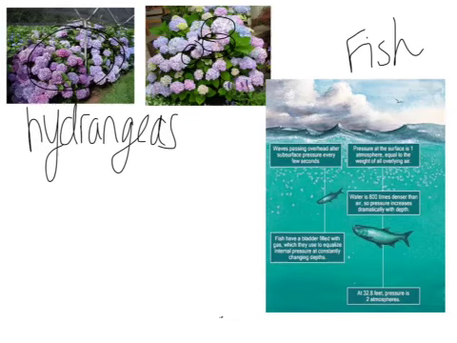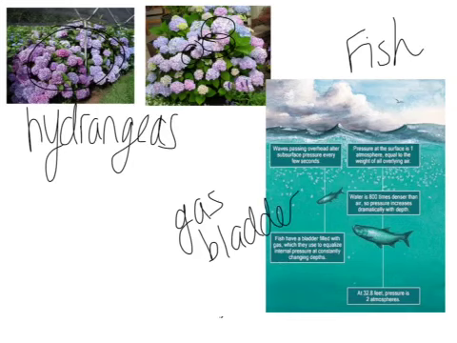Okay, so they have a gas bladder that will change with the different depths. Okay, so that gas bladder will either release gas or hold on to gas to help equalize the internal pressure so that they can deal with the constantly changing pressure in their environment.